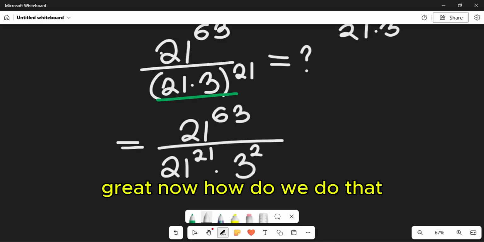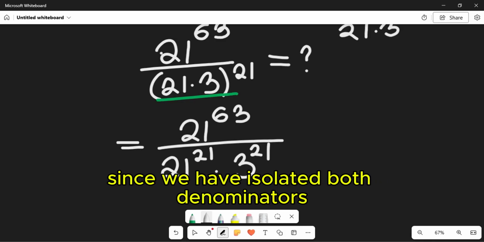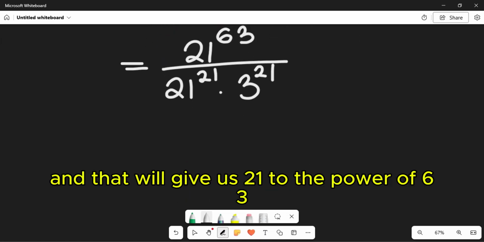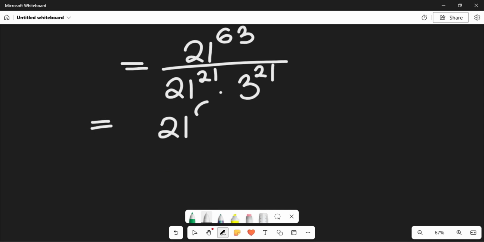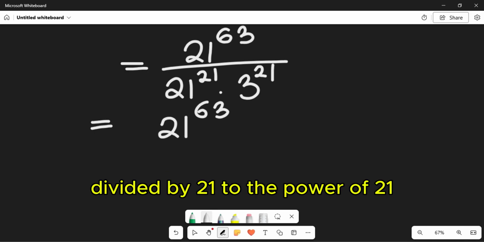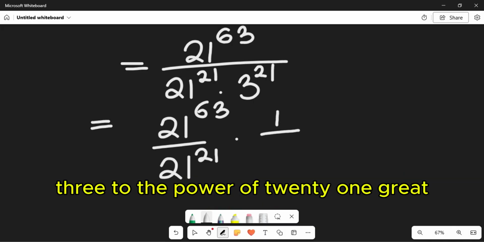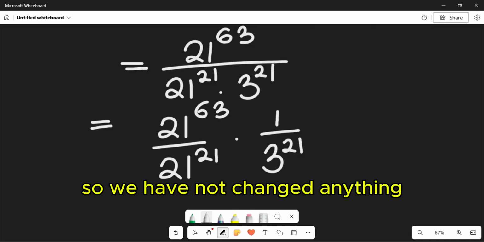Great. Now, since we have isolated both denominators, we can isolate them further, and that will give us 21 to the power of 63 divided by 21 to the power of 21, multiplied by 1 over 3 to the power of 21. Great. So we have not changed anything.